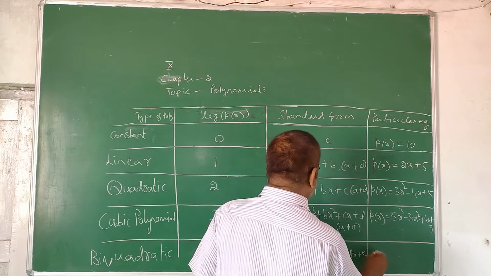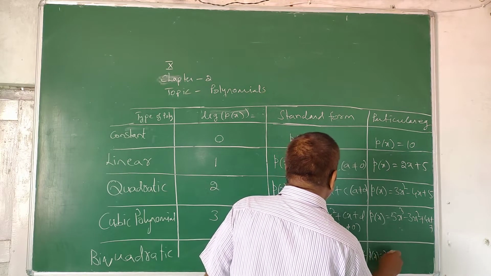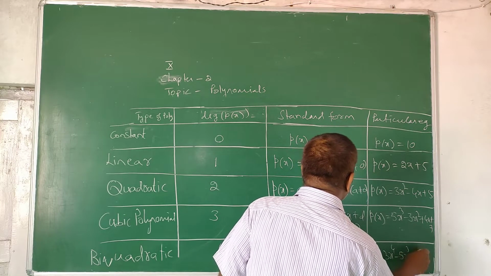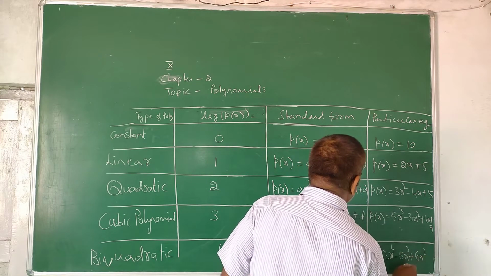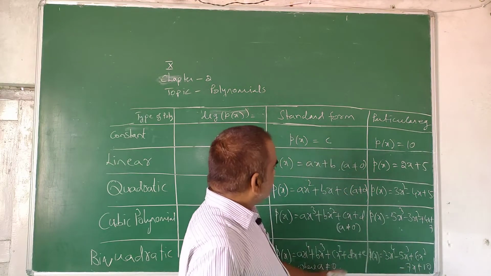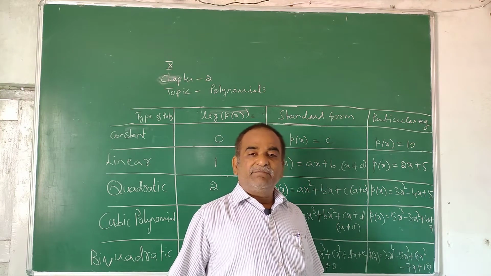And the particular example is 3x power 4 minus 5x cube plus 6x square minus 7x plus 10, etc. You can take. So this table, I think, gave you adequate information.